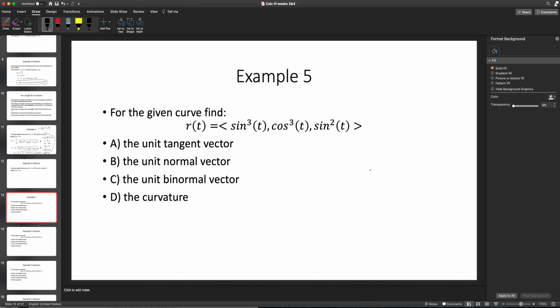Let's look at how you find the unit tangent vector, a unit normal vector, the unit binormal vector, and then finally the curvature given a vector-valued function.